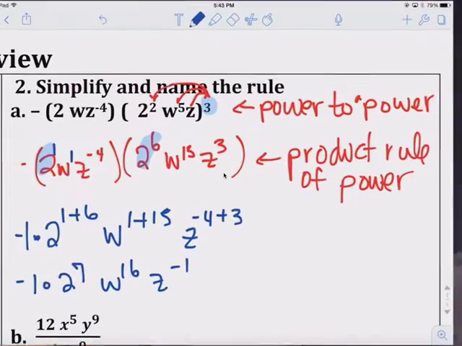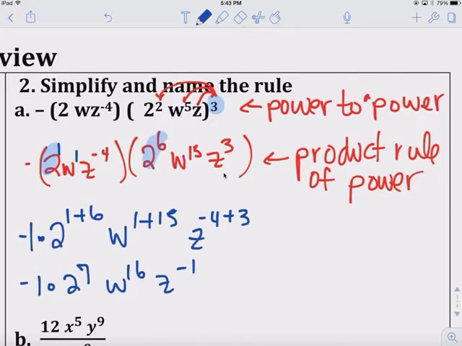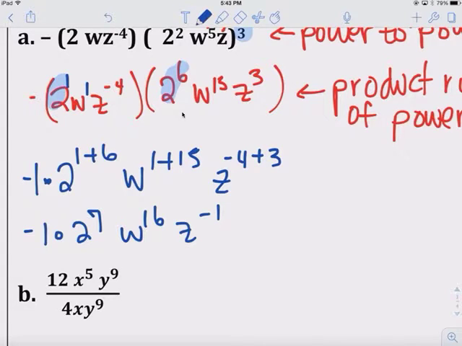I don't know how to use this calculator. I'll use the calculator I have at hand. 2 to the 7th is 128. So therefore times -1, -128. Okay, I'm running out of room. So it's -128 w to the 16th.